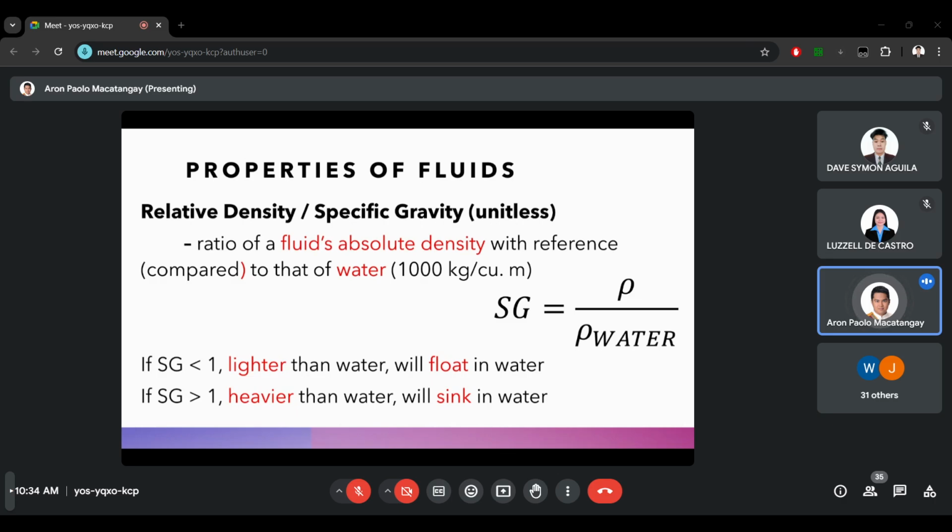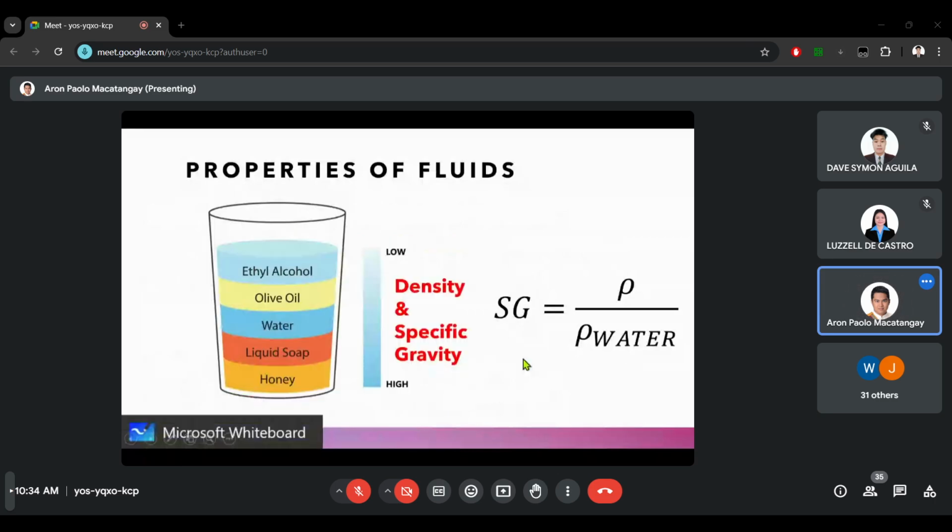Then that depends on density, right? So since this is density divided by density of water, it is also directly proportional to that specific gravity. Okay? So our pattern earlier for density is also applicable to specific gravity.